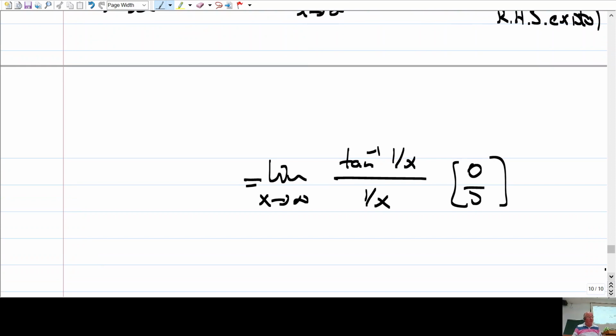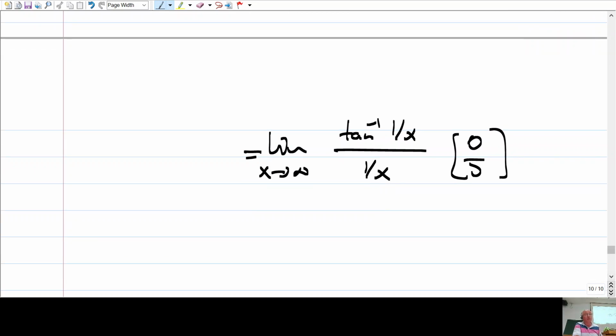Well, here we can use the so-called L'Hopital's rule you have learned in 119. What is that? It tells us that we may take the derivative of the numerator and denominator. Well, let's do that.